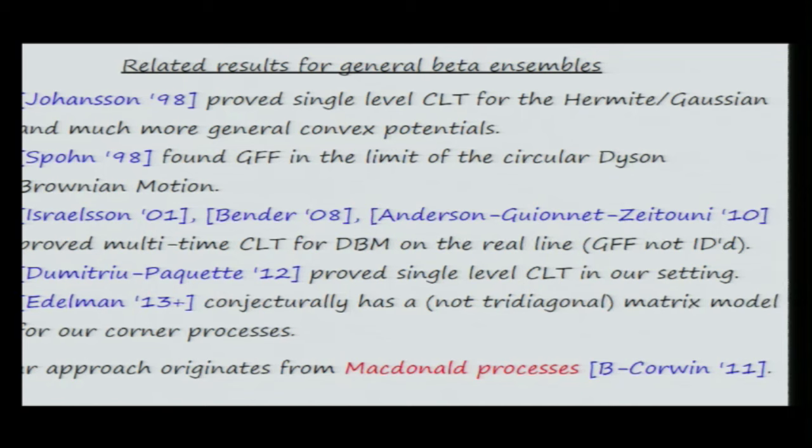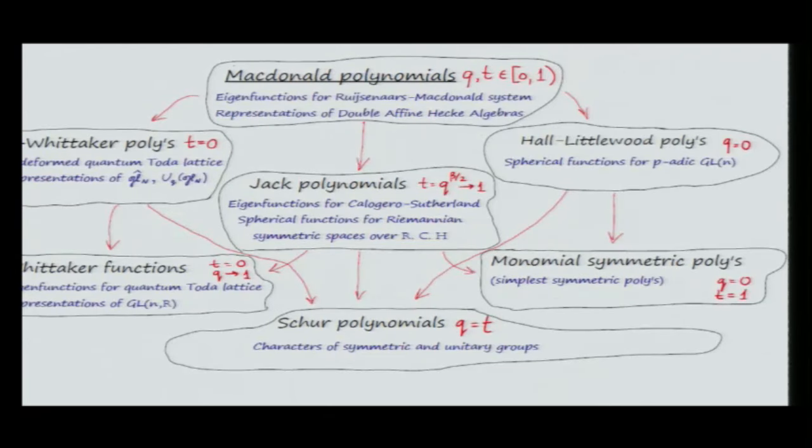And then Dumitru and Paquette can do the one-level result. And then, as I said, Alan has conjectural matrix models for arbitrary beta that work. Now, this last piece, the general beta piece, is probably the deepest result among all that I stated.